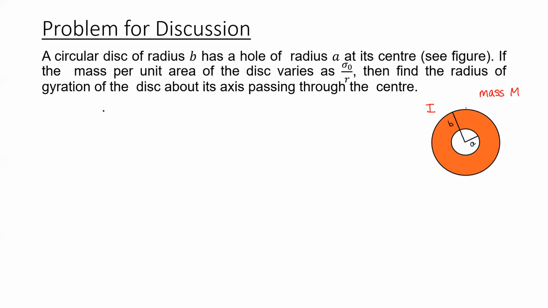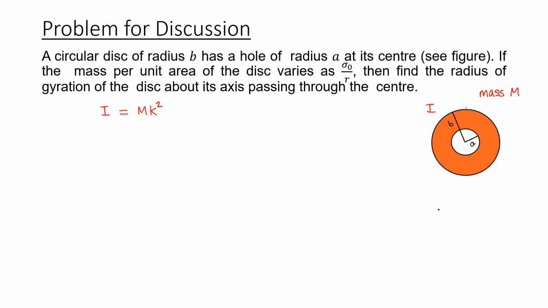So I will take I, whatever moment of inertia I get for the disk, and equate it to Mk square, where k is the radius of gyration.